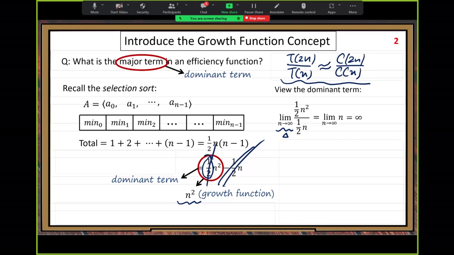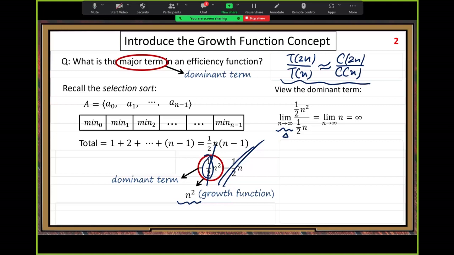So now you know how to get a growth function of an efficiency function. Given an efficiency function, you do 2 rounds of simplification. The first round, ignore all the minor terms and only keep the dominant term.